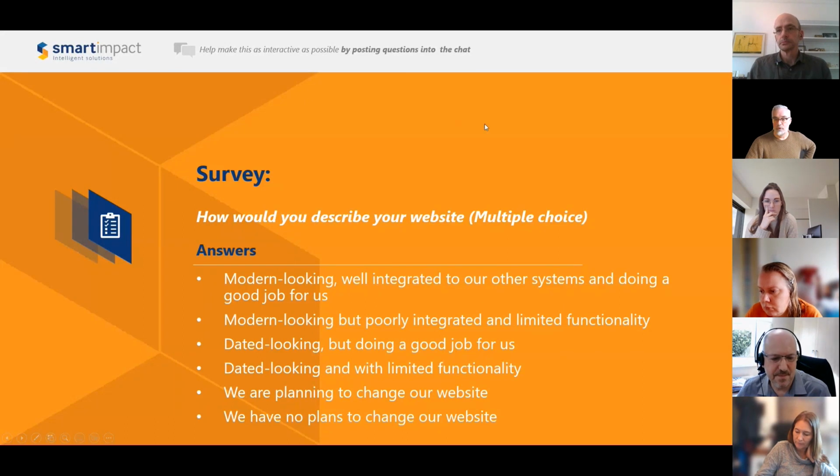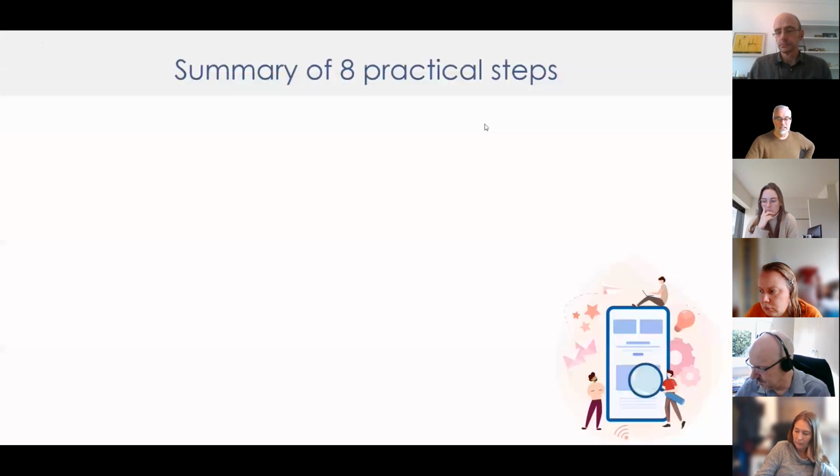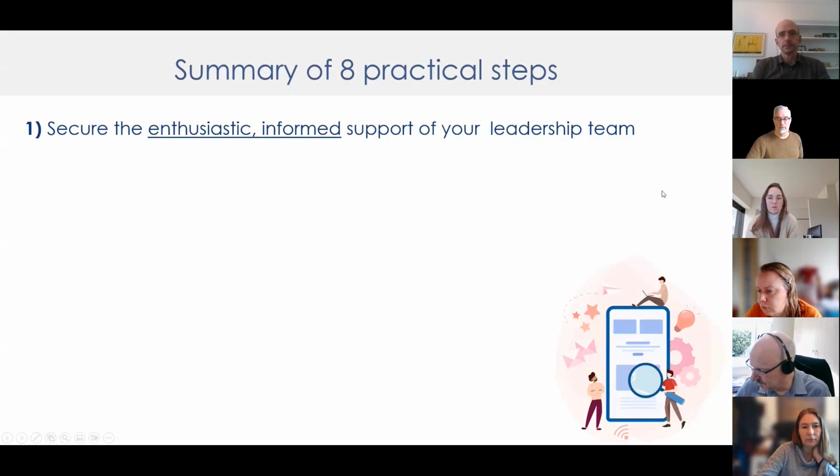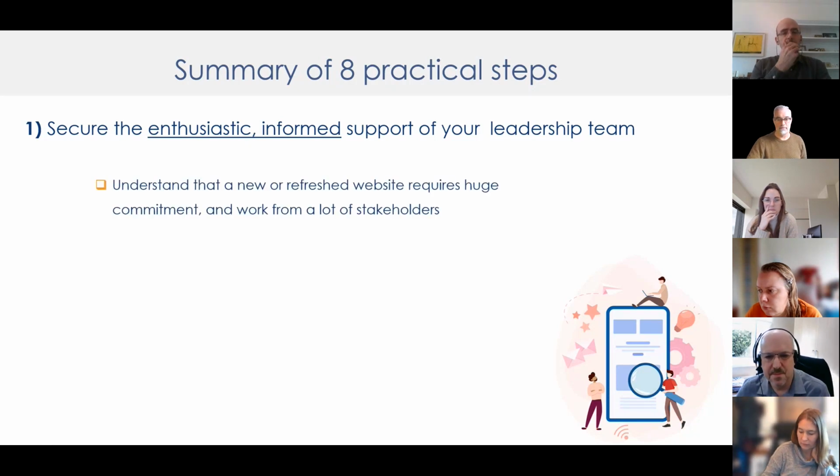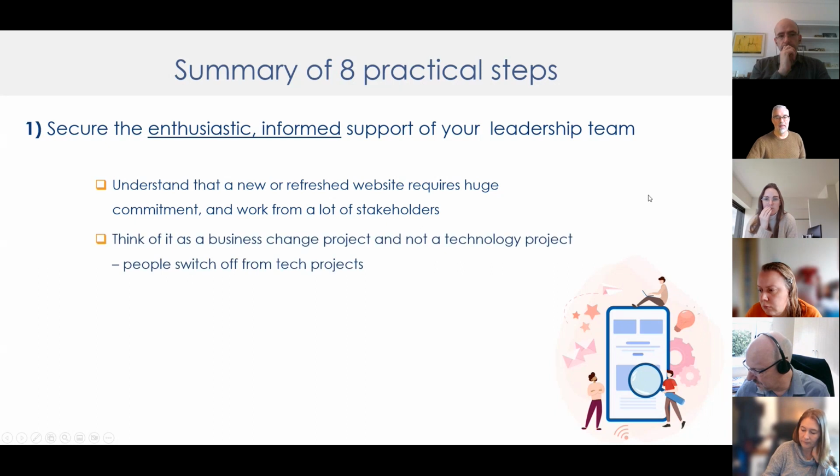So moving forwards then, practical steps. We talked about this, or I mentioned this before, but it's all about getting your leadership team bought in. Again, we see this with CRM systems as well as when we're building websites.